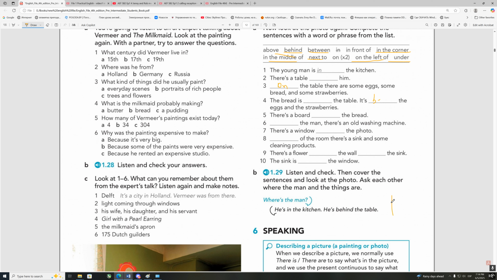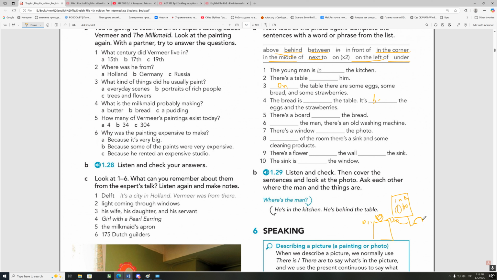Okay, I will show you. Okay, example. This is the ball. The ball is in the box. And this ball is on the box.